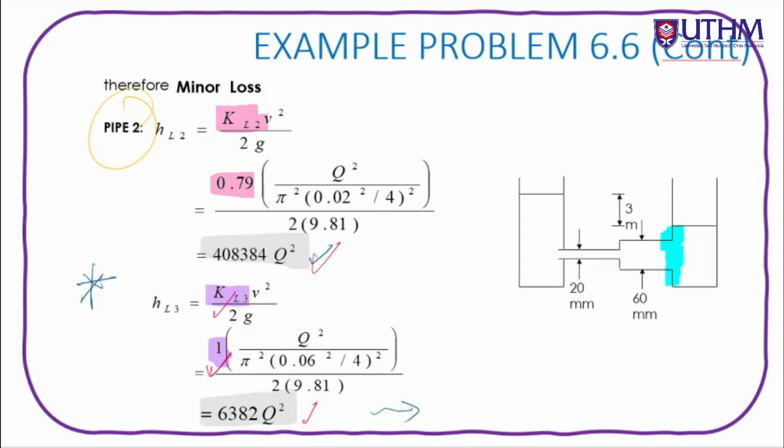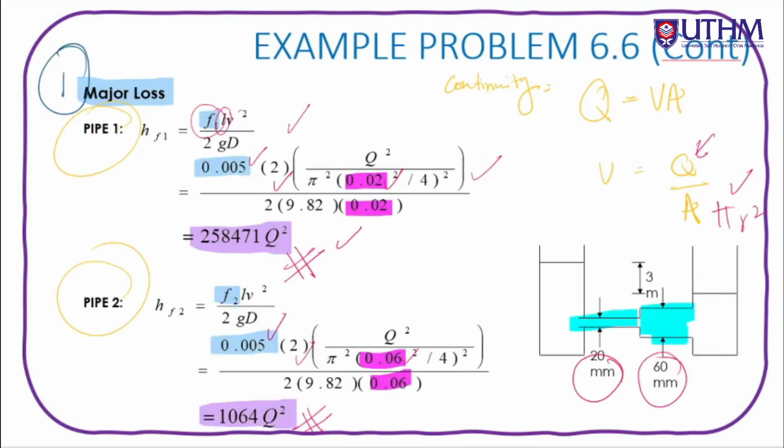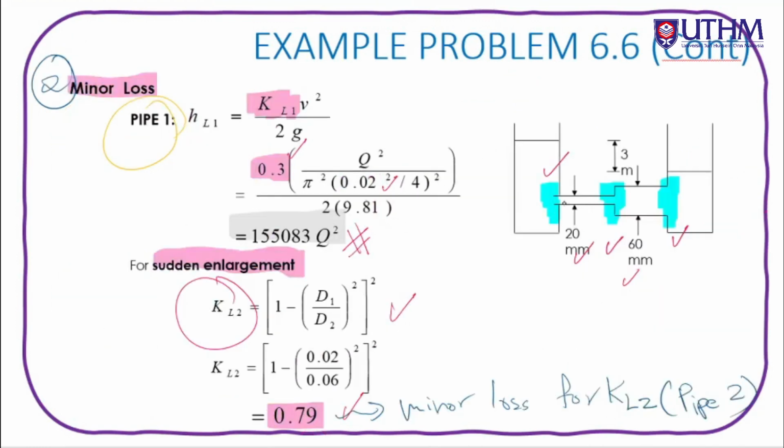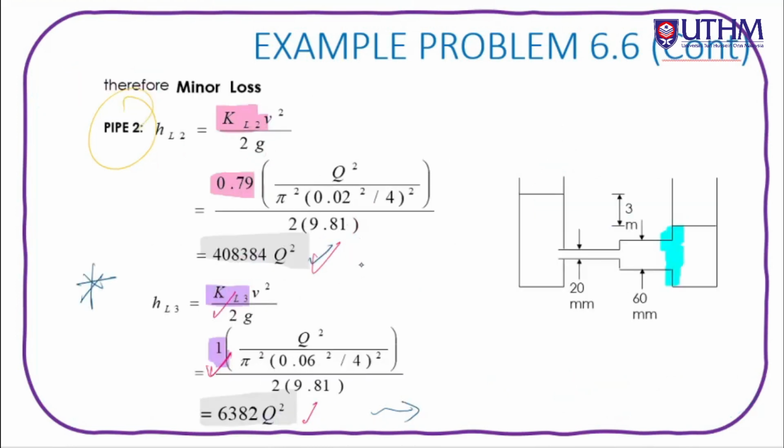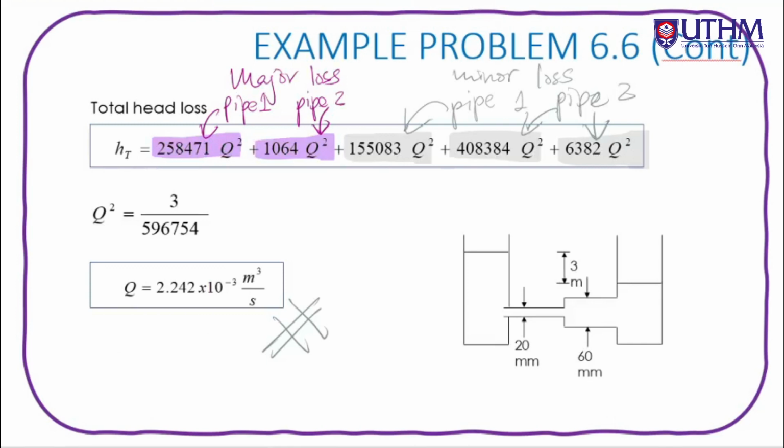So kita dah dapat dua terms untuk major losses dekat pipe 1 and pipe 2, dan untuk minor losses kita dah dapat satu untuk kita punya entrance, satu untuk sudden enlargement dekat sini, dan satu untuk kita punya exit. Kan? Lepas tu kita buat apa? Kita replace sahaja semua.